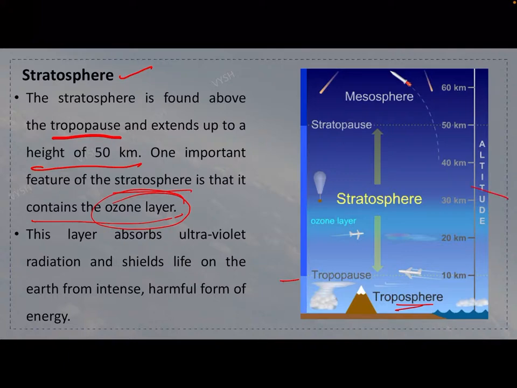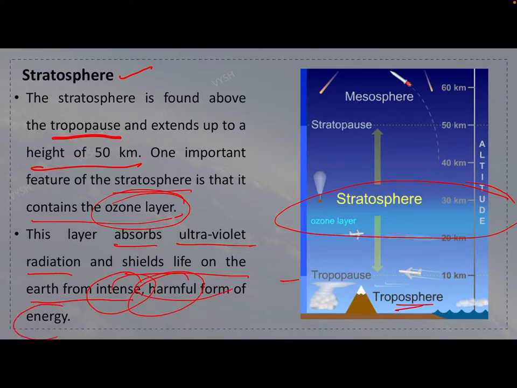This layer absorbs ultraviolet radiation and shields life on the earth from this intense harmful form of energy. Whatever sunlight is there gets filtered here, and the very harmful UV rays get cut down here.